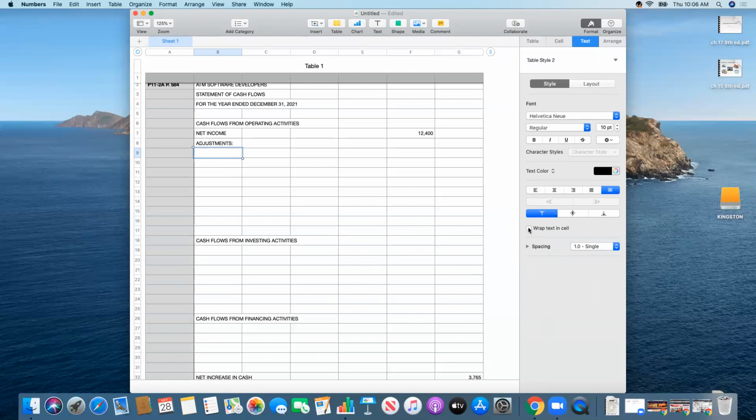I am going to put those things in here. I just don't want to list things that may or may not make sense to you. Depreciation expense, 5465.